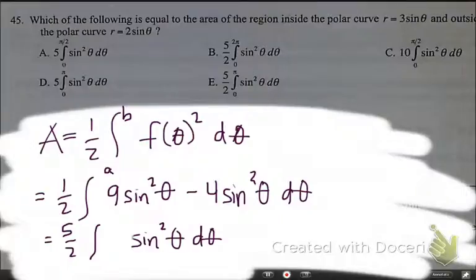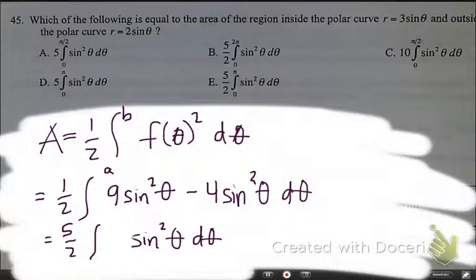It says, which of the following is equal to the area of the region inside the polar curve r equals 3 sine theta and outside the polar curve r equals 2 sine theta. You can figure out the limits based on where they intersect.